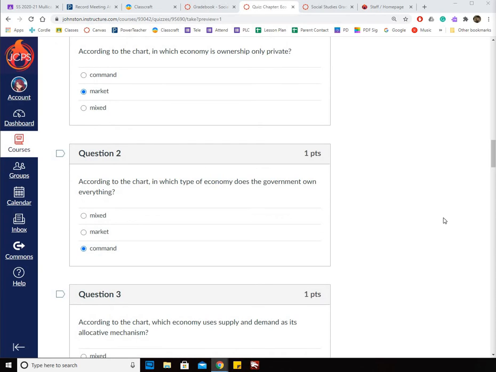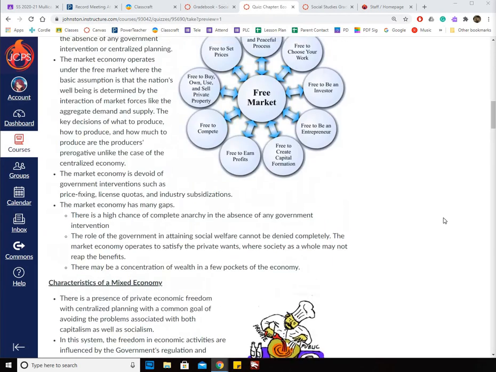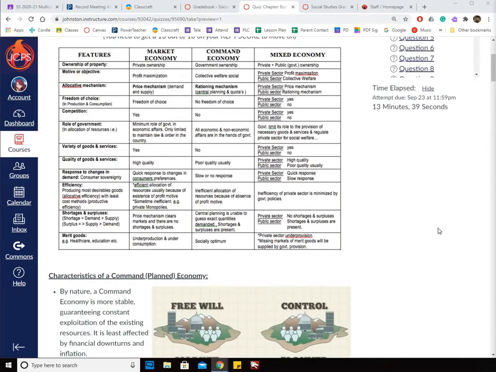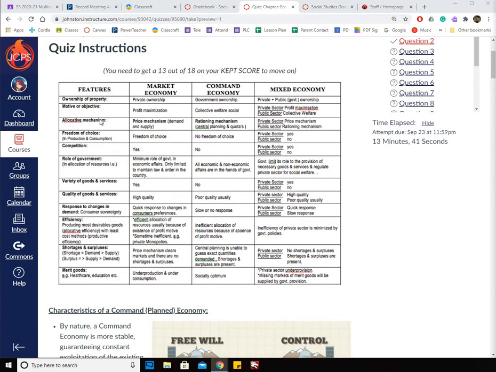So we're looking for allocative mechanism. And it is supply. I don't know why they wrote it backwards. Normally it's supply and demand, and you hear that all the time. So this one's central planning and quotas. So the government plans it, and then they make plans for what numbers you need to hit. And this kind of balances the two.